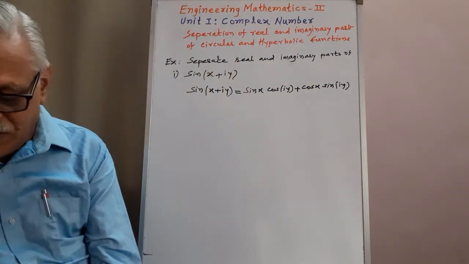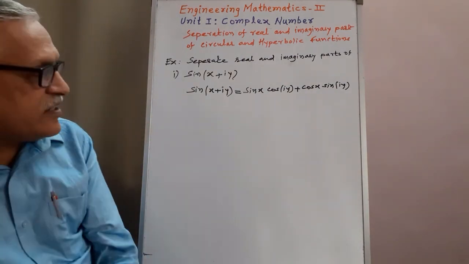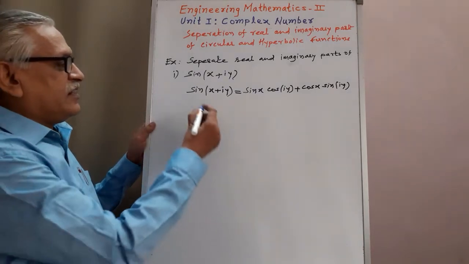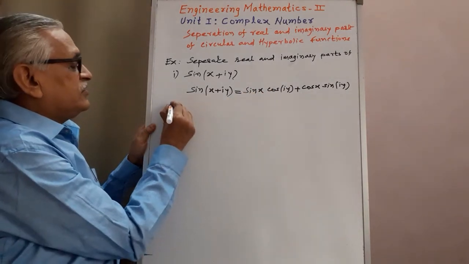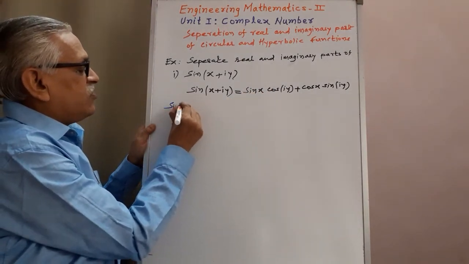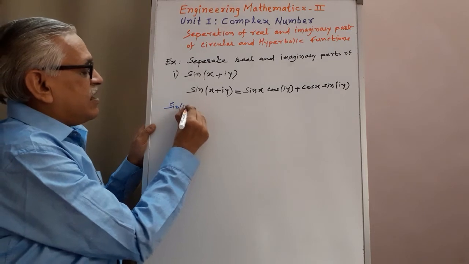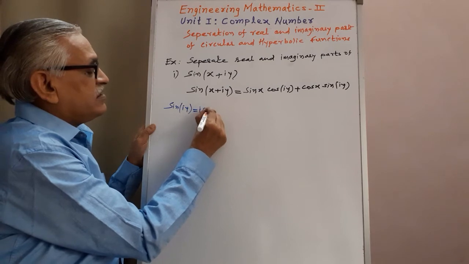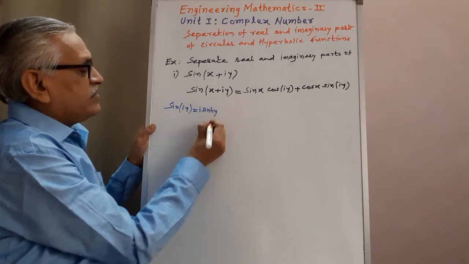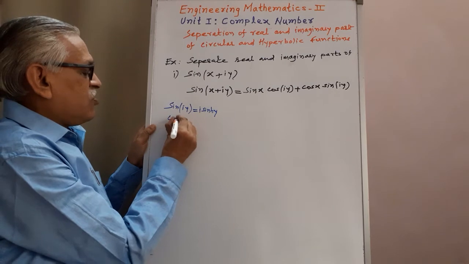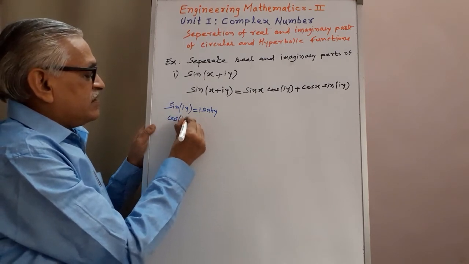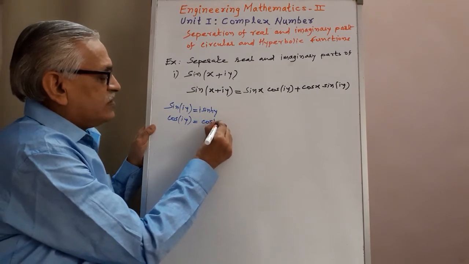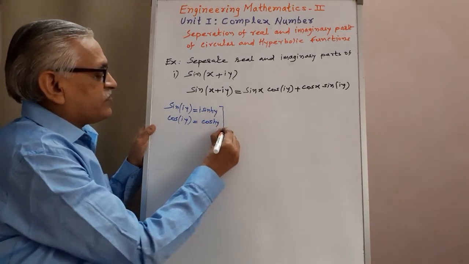And here we have to apply the standard results which we have studied in an earlier section. We know that sine of iy is i sinh y, and cos of iy is cosh y, a relation between circular and hyperbolic function.